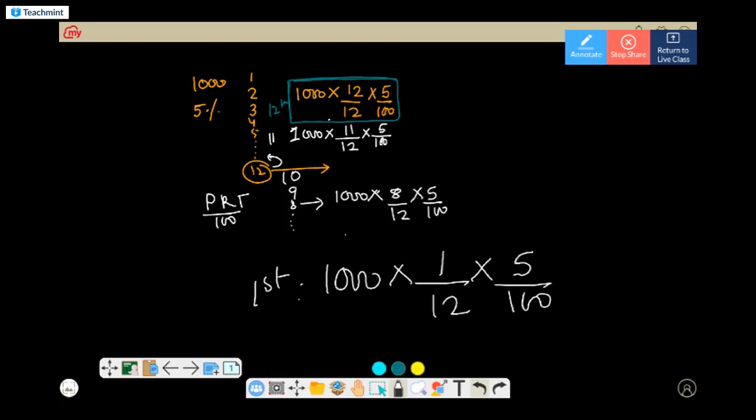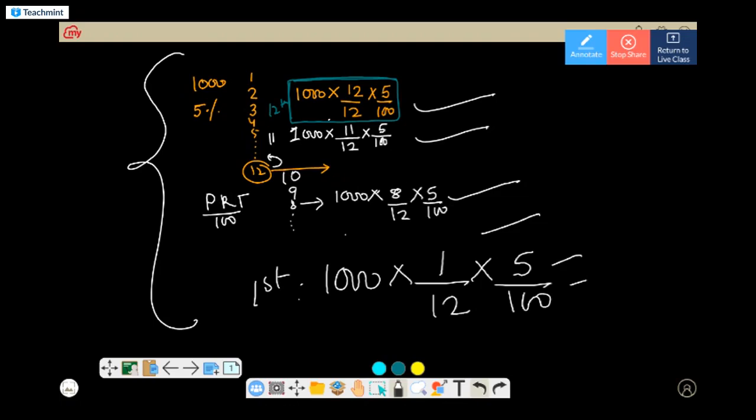Going stepwise for every month was fine for 12 months. What if the question was for 3 years? Then you would have to do it for 36 months, so it's going to be a very lengthy step. So rather, we will bring it to a little easier way.